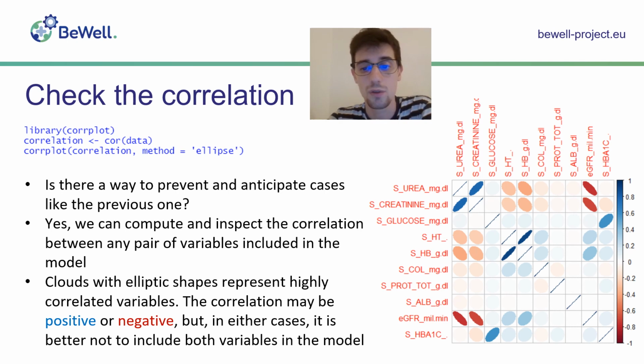I suggest you to specify also the method equal ellipse option to get a better plot. Indeed, using this option, we have clouds with elliptic shapes that represent highly correlated variables. Moreover, the correlation may be positive, blue values, or negative, red ones. But in either case, it is better not to include both variables in the model. It is enough to include only one of them, the one you prefer.